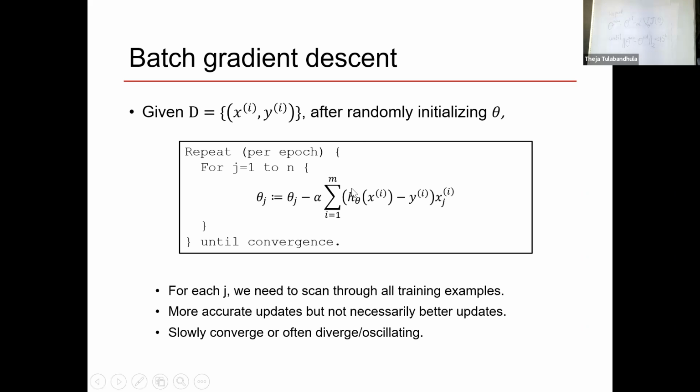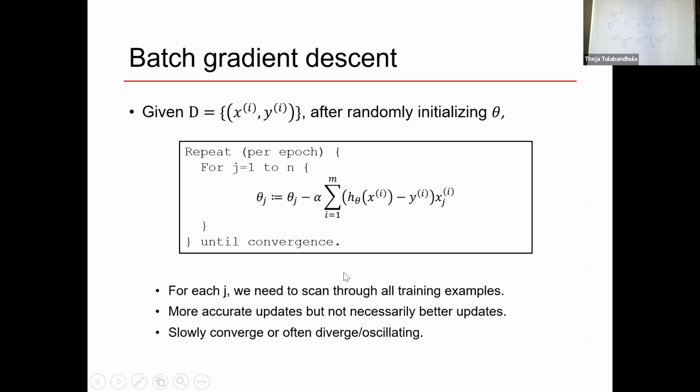Let me briefly mention what's so special about this batch gradient descent, or the vanilla gradient descent. I prefer the word vanilla gradient descent. One issue is that because we are looking at all examples to make one gradient update, it takes a lot of time.